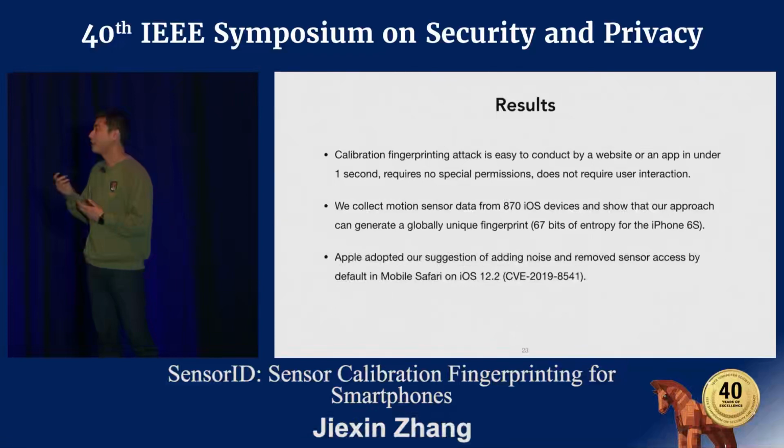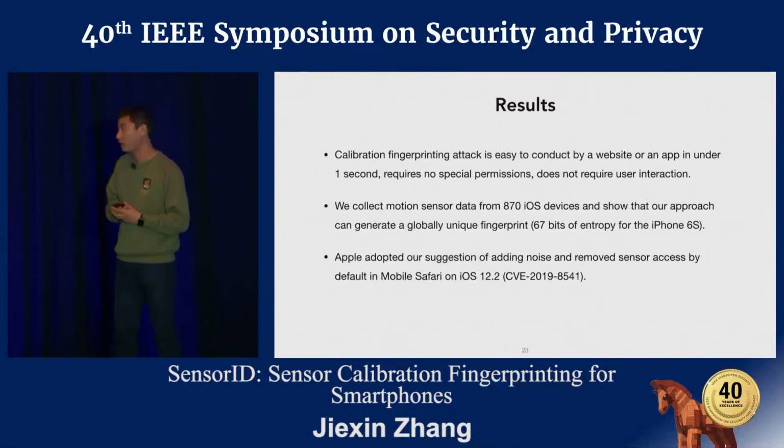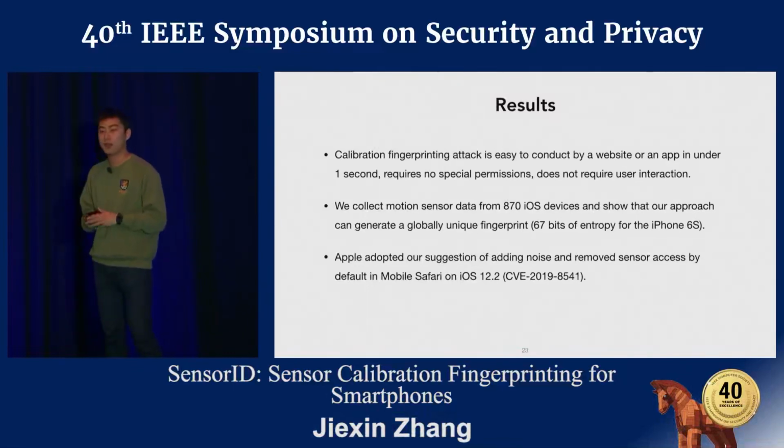But we highlighted that this is also a major source that exposes a lot of personal information. And we show that this attack is extremely efficient because it can uniquely fingerprint sandboxed and homogeneous devices such as iPhones and iPads.